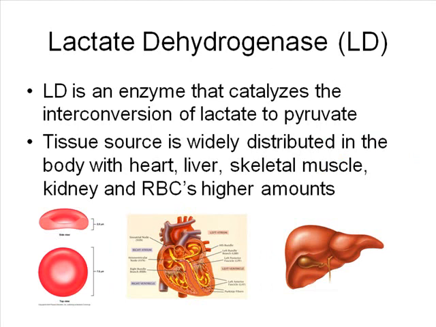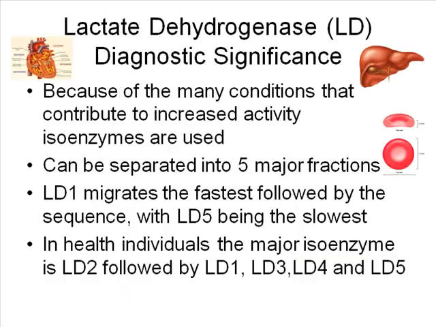Its body source, if you look at heart, liver, skeletal muscle, RBCs, this is important too, because what if you have a hemolyzed sample? Because inside of that red cell you have LD enzyme, so you can skew your results.